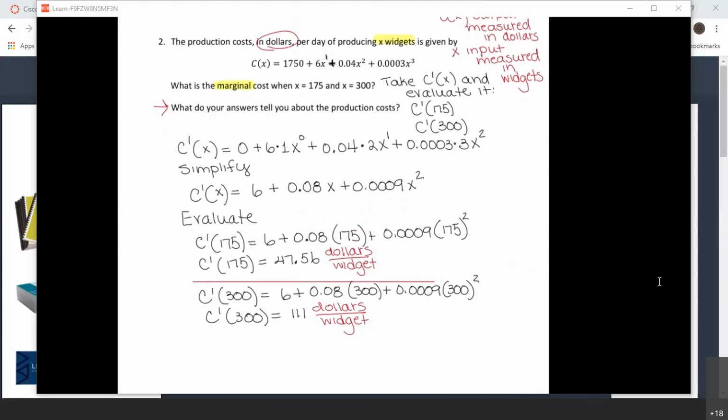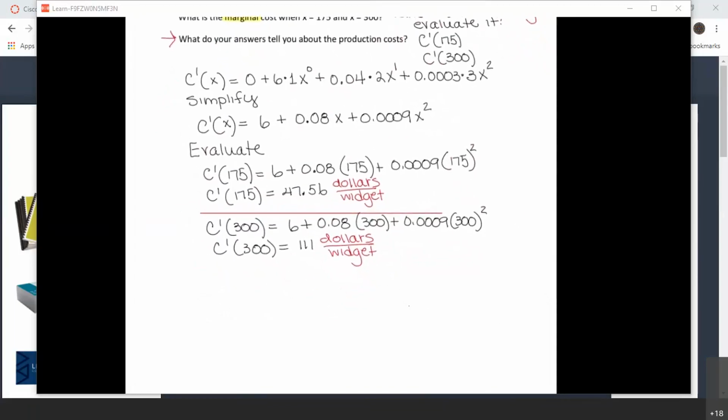As production reaches 175 widgets, the average cost is $47.56 per widget. Mm-hmm. And then when production reaches 300, it costs $111 per widget. Think of it as if you were to make the 301st widget, your production costs would go up $111 per that widget.